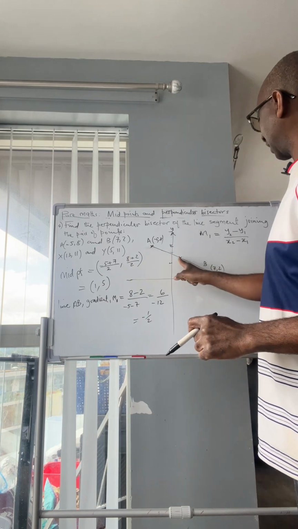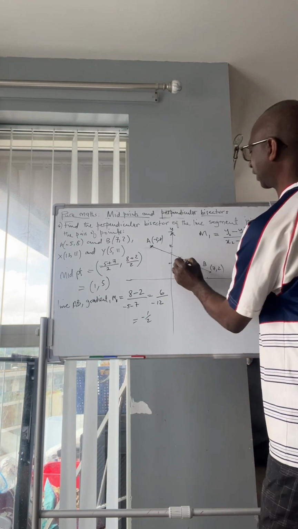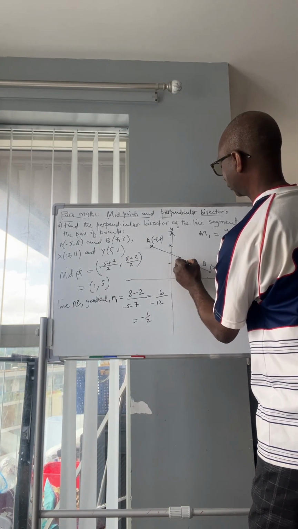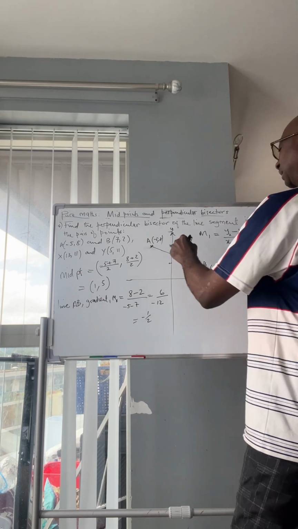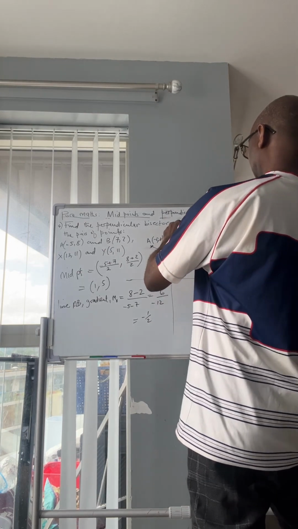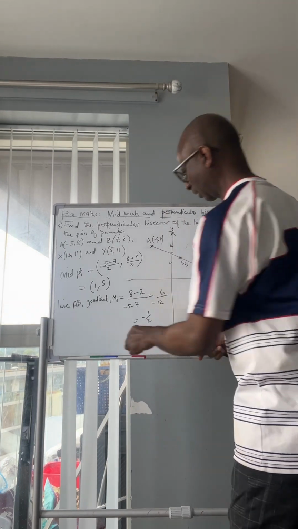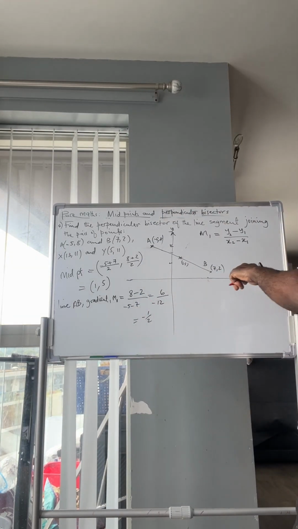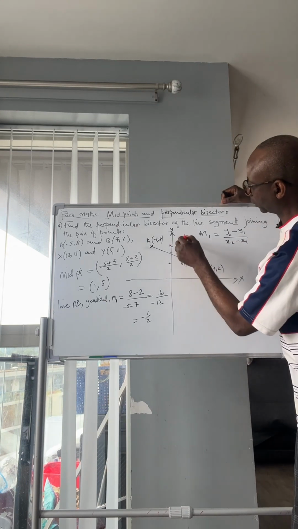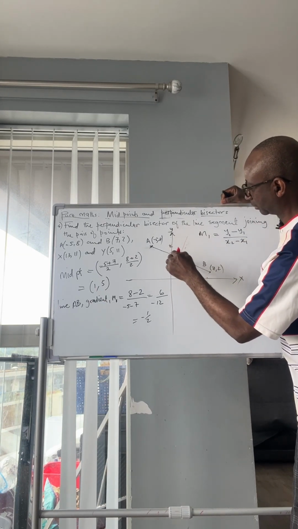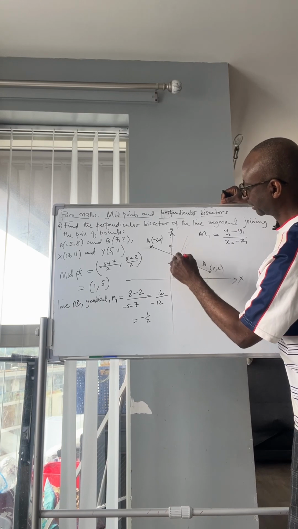The midpoint of this line is somewhere here, (1, 5), and this is the line that bisects the line we are looking at.